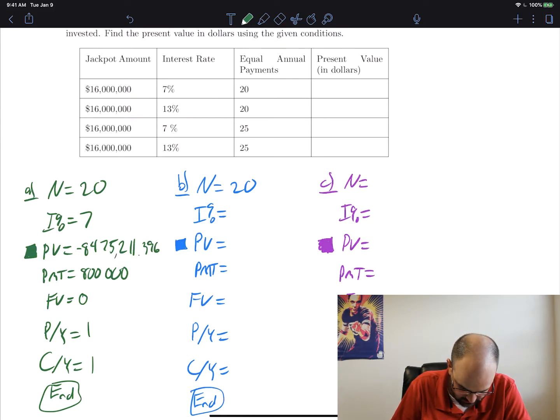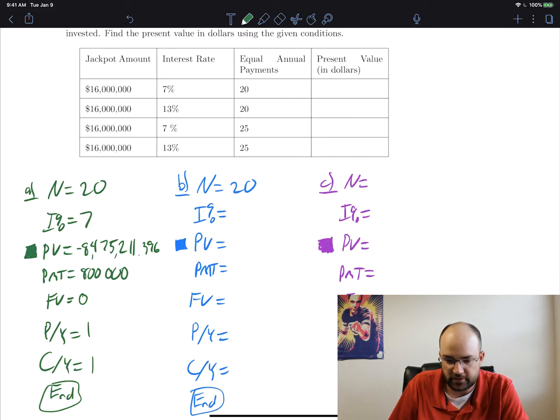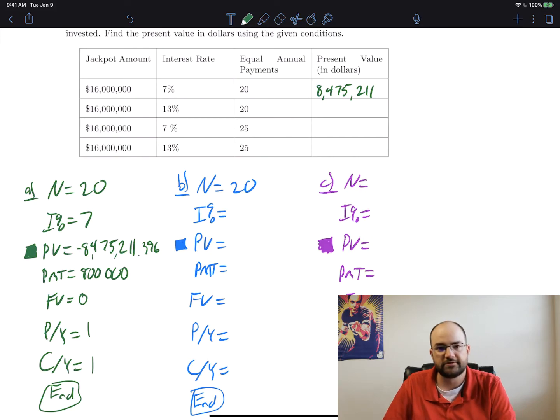So there we go. In present value in dollars, rounding to the nearest dollar, we have $8,475,211. That's how much that one is worth. Notice it's slightly over half of what the actual jackpot amount is.